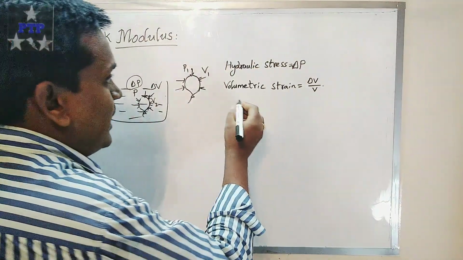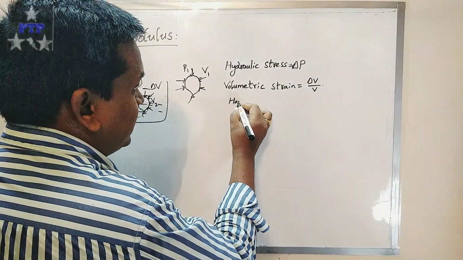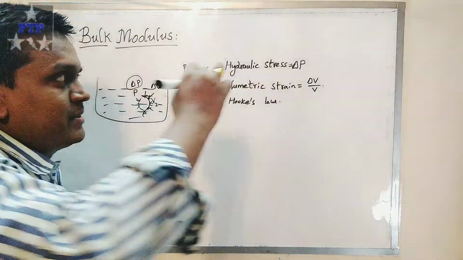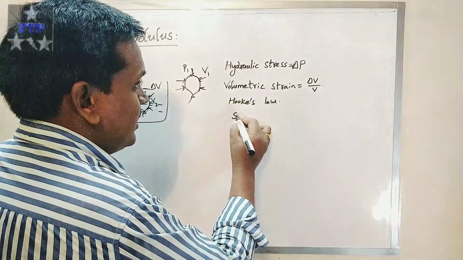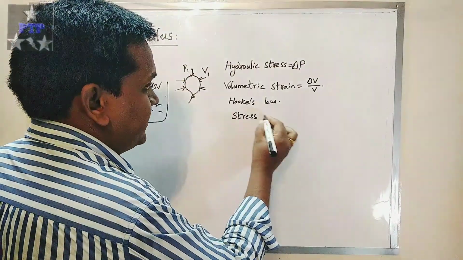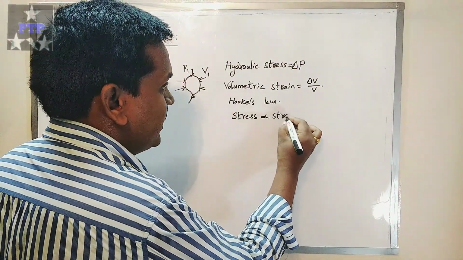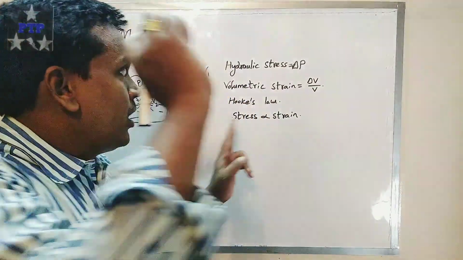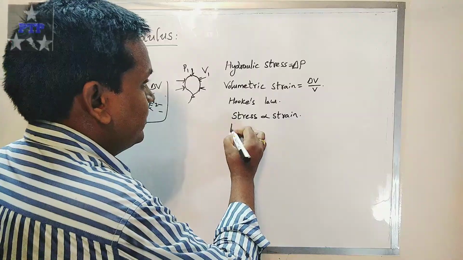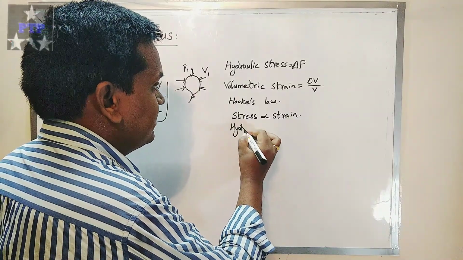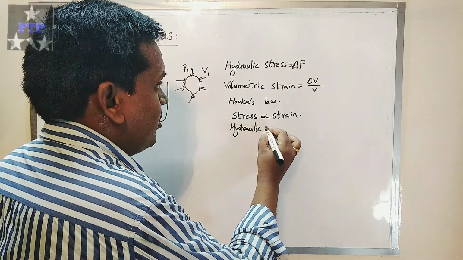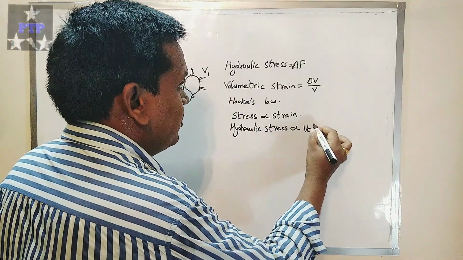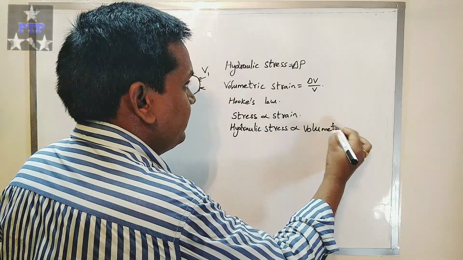And here, according to Hooke's law, the stress is directly proportional to strain. What type of stress is acting on the balloon? Hydraulic stress. So hydraulic stress is directly proportional to volumetric strain.